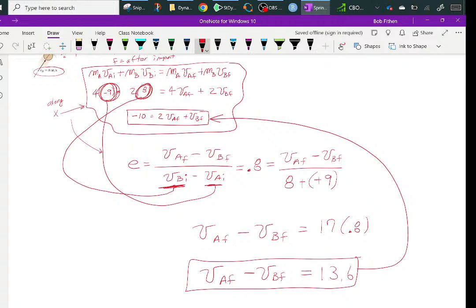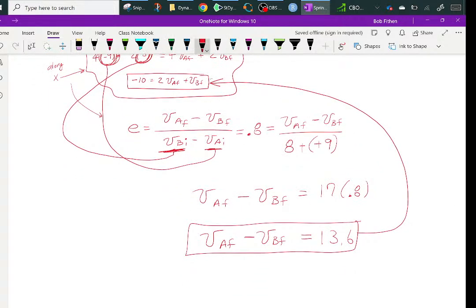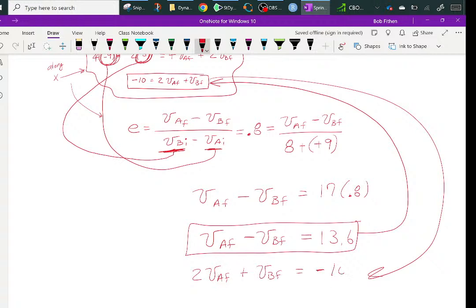You can do it in a variety of ways. One, I can take this one and copy it down underneath this one: 2 VAF plus 3 VBF is equal to minus 10. I'm going to monkey with something in a second, but maybe I won't on this one.